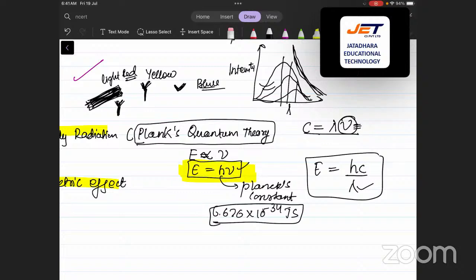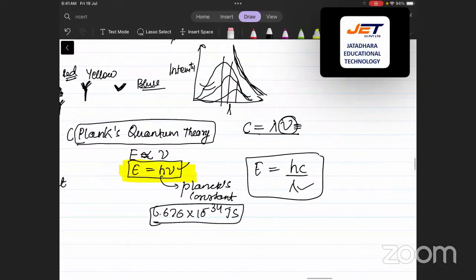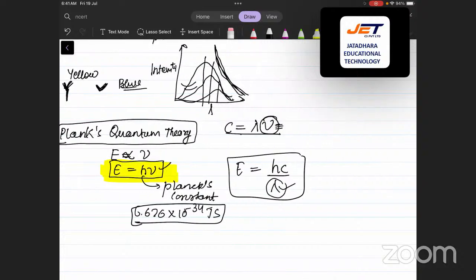Now the other important part is the units. You have to take care of the units given for the wavelength. It may be given in meter, centimeter, angstrom or picometer. Now what should be the power?